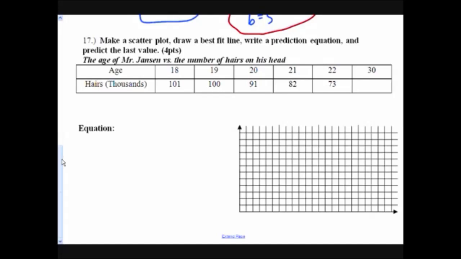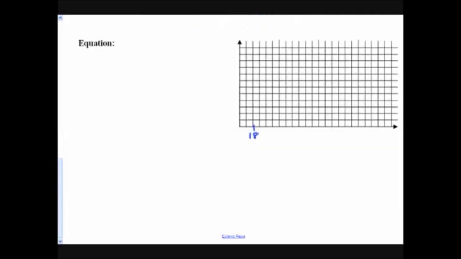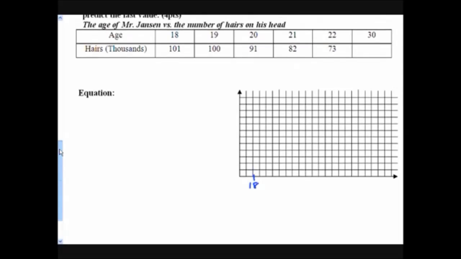For the next one, we're plotting my age versus the number of hairs on my head. So what we want to do here is we've got to scale this. I'm going to start here with 18. Let me extend the page a little bit. And maybe I'll go 19, 20, 21, 22.